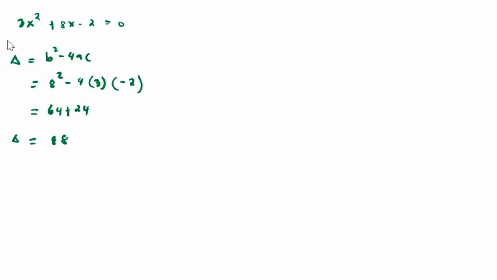Okay? So by substitution now, x equals negative b plus minus the square root of the discriminant all over 2a. I just used delta in order for me not to write very long, because it's quite long to write b squared minus 4ac. Okay, now let us substitute.